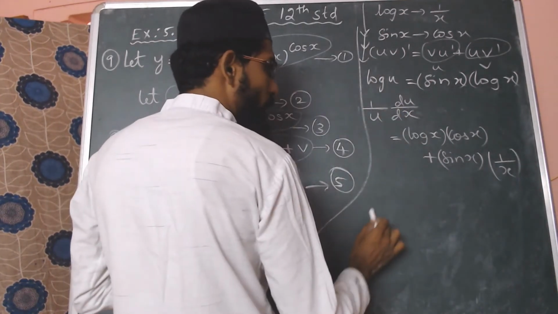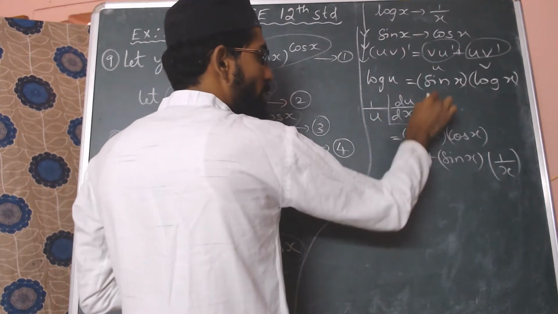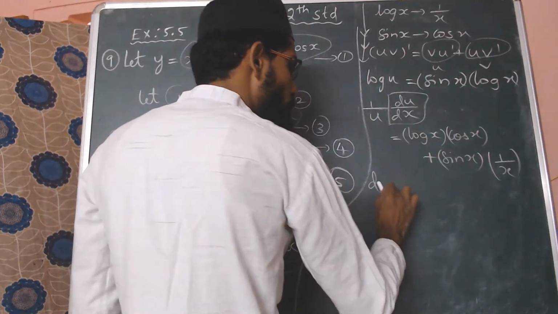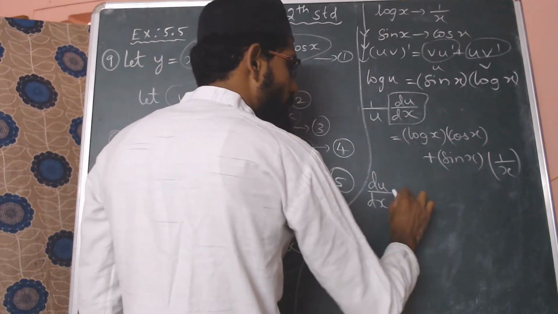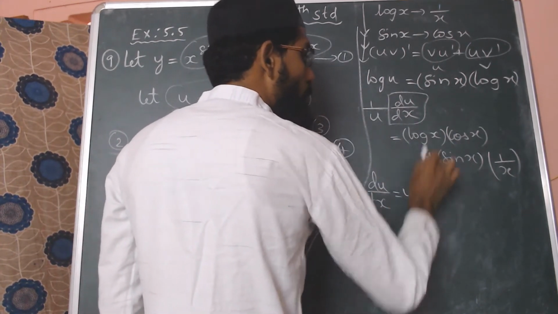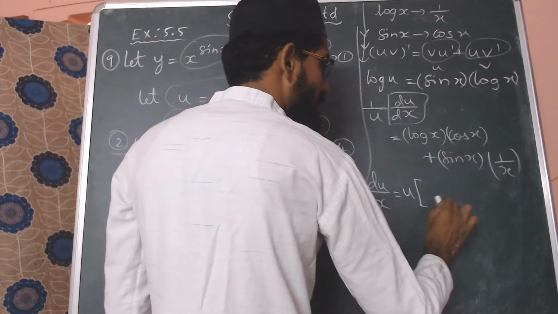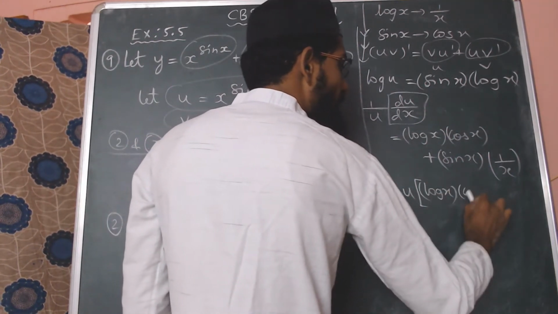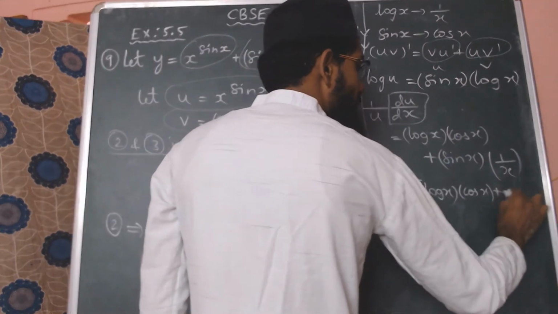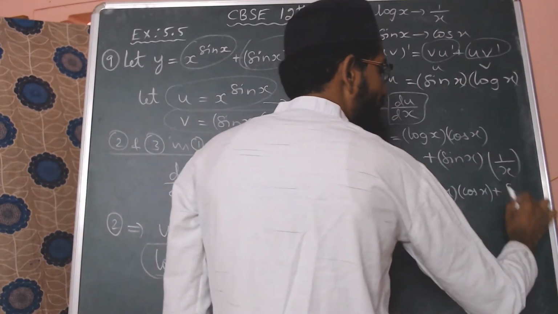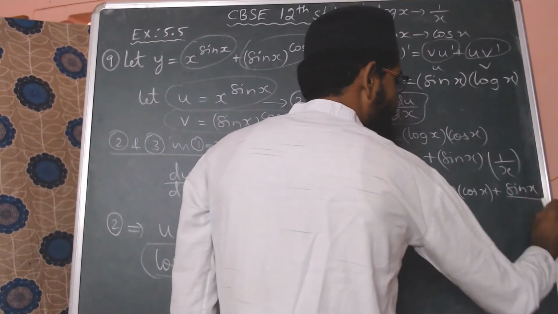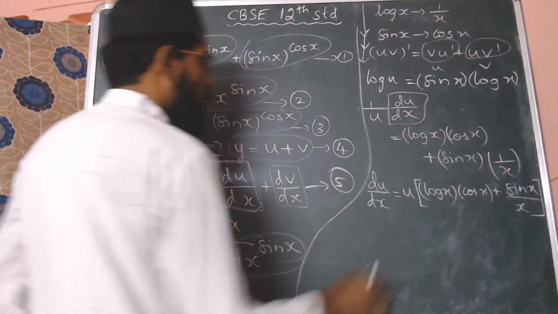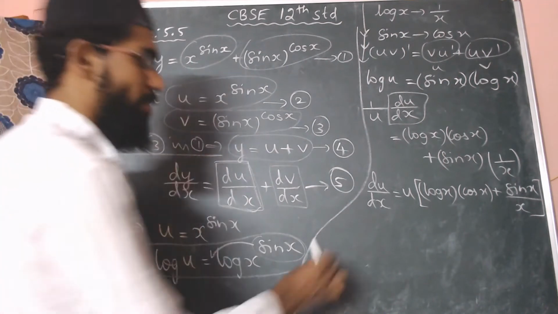So I want du by dx only, to substitute here. Let me take this u to that side. I'll get du by dx equal to u into whatever is on the right hand side: log x into cos x plus, I can make it a single term, sin x by x. Now what is my u? According to equation 2, u is nothing but x power sin x.